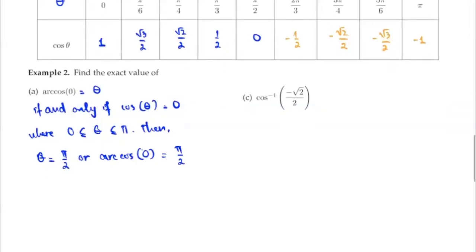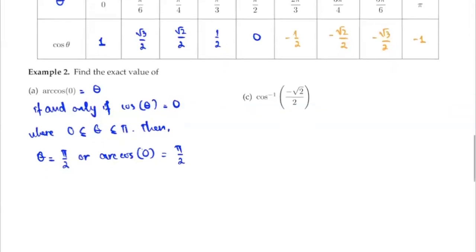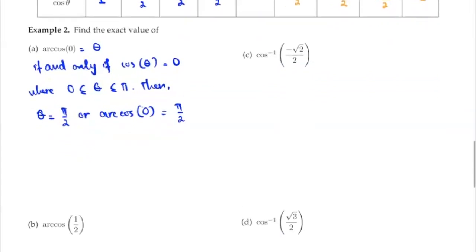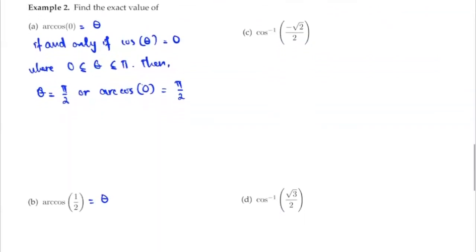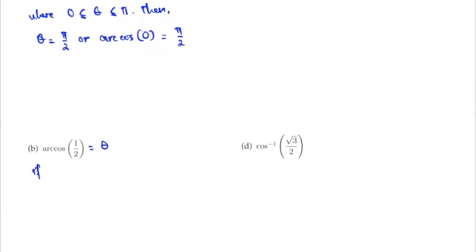So for part B, you're looking for arc cosine of positive 1/2. So you're looking for the angle theta such that, if and only if, cosine of theta is equal to positive 1/2. Okay. Remember that the value of theta is between 0 and pi only in this case.